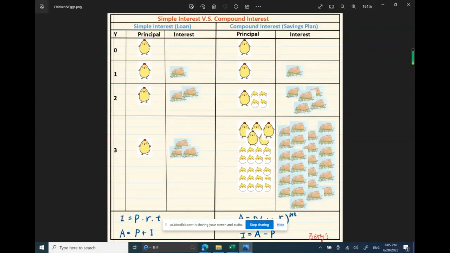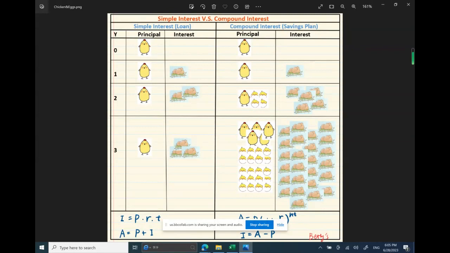But in the case of compound interest, your principal every year is different. Your principal grows every year because the interest from the previous year will become part of the principal, and the interest rate will be applied on the grown principal. That's the main difference. So just refer to this table.